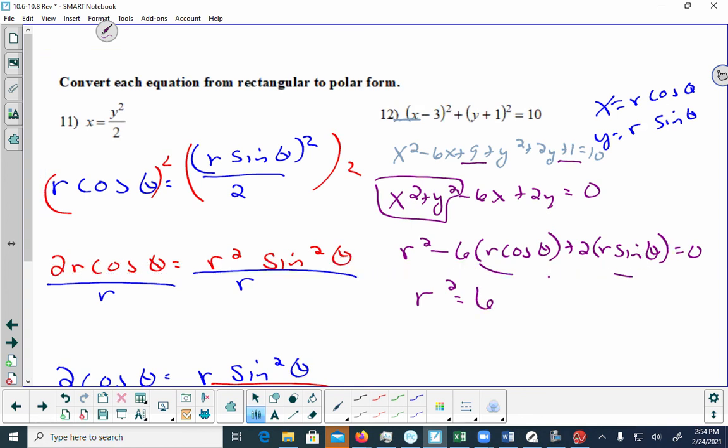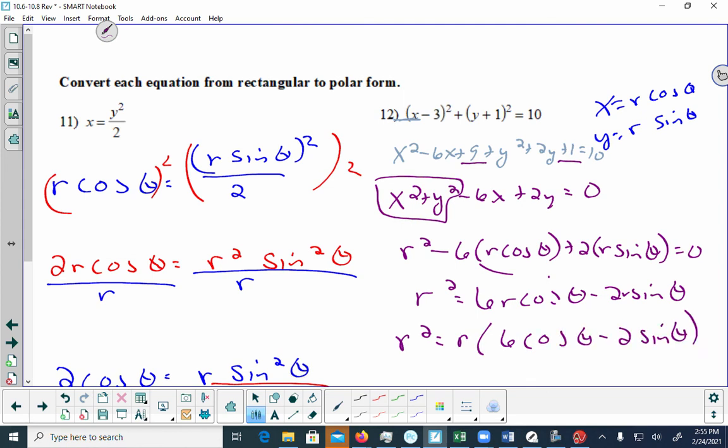So I'm going to have 6 r cosine theta plus 2r sine, oh, that's minus 2 sine theta. There's an r in there. So I am going to say r squared is equal to, here I can factor out an r, r times 6 cosine theta minus 2 sine theta.